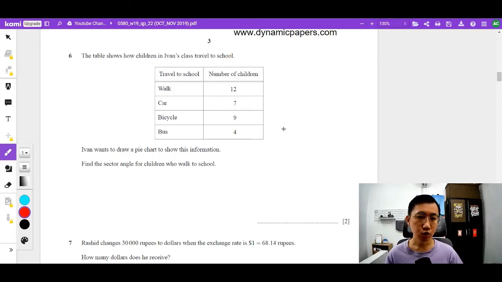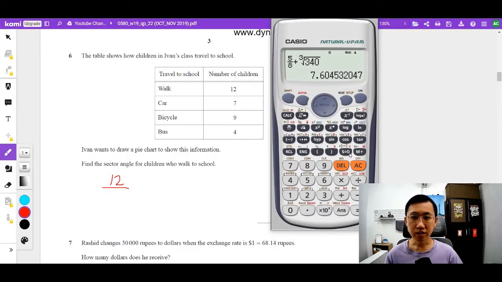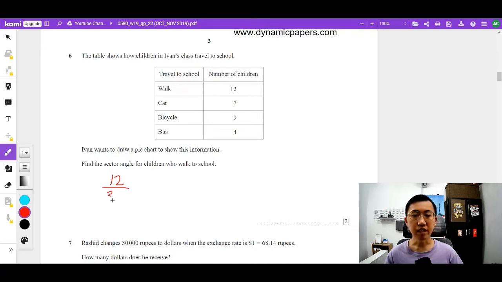Alright, so we are going to use walk to school, 12 children over the total. So I have to use a calculator here. Add all of this, 12 plus 7 plus 9 plus 4. Find out the total. So we are going to put over 32 multiply. Now for pie chart, it's a circle.